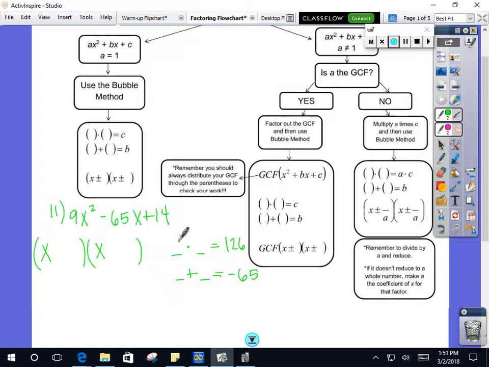You don't know how to find the two numbers? All you got to do is start doing 126 divided by 2, 126 divided by 3, divided by 4, divided by 5, until you see another number pop up that makes a 65.